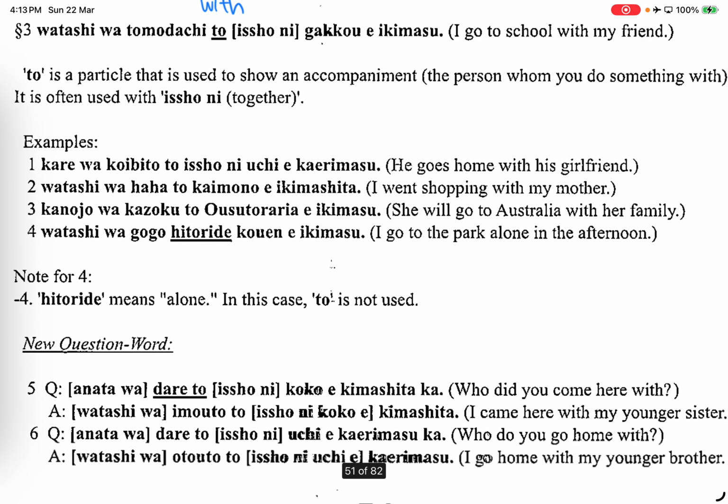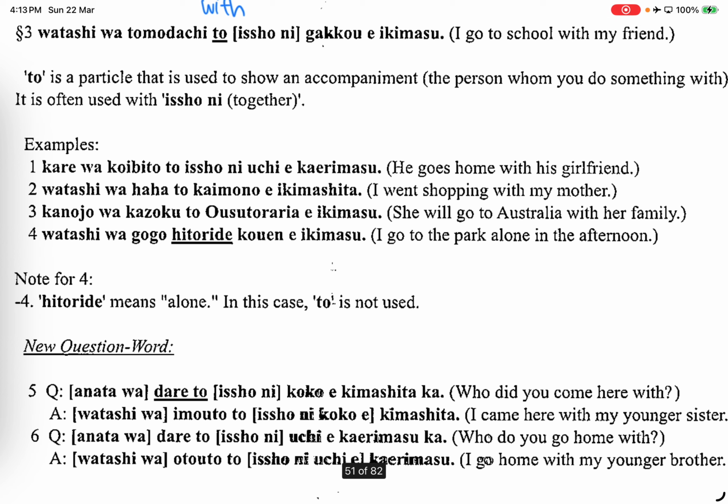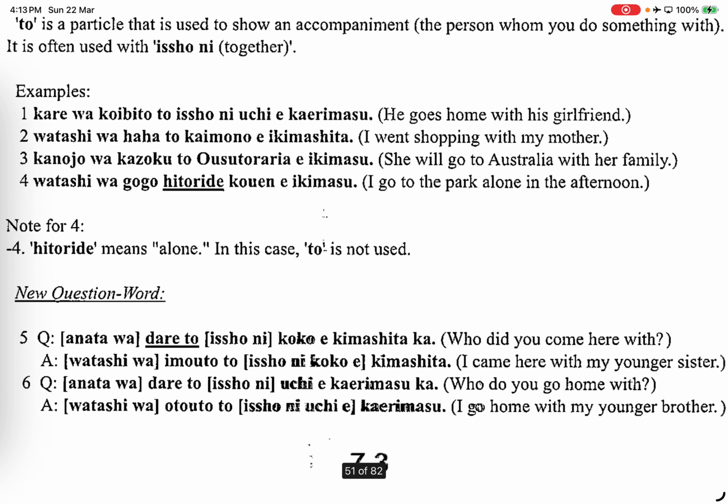Example. 彼は恋人と一緒に家へ帰ります。So 家へ means to home. So to home, 帰ります. 帰ります is go back. So go back to home. So with who? 恋人と. So with lover. Number 2. 私は母と買い物へ行きました。So about me, with mother, to shopping, we went.